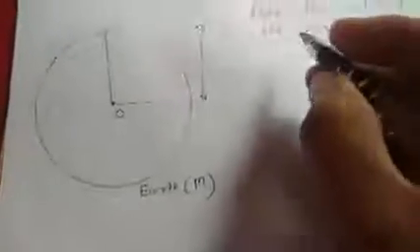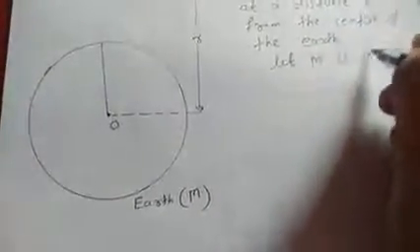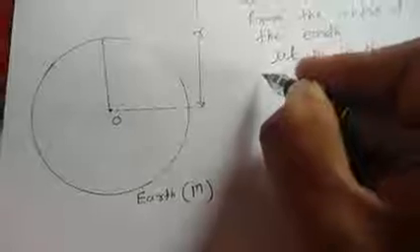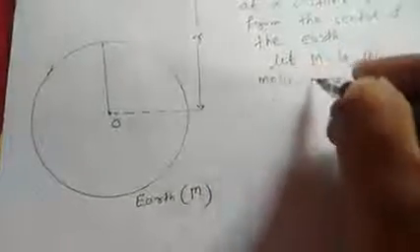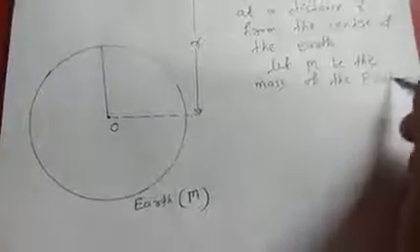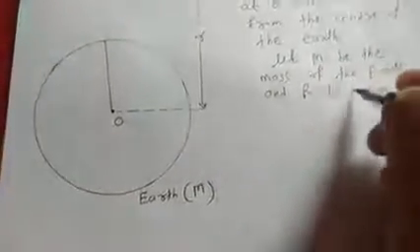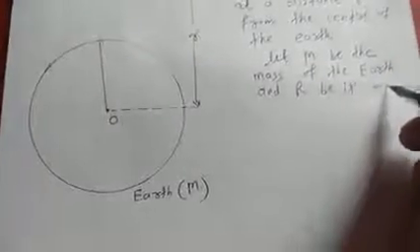Let capital M be the mass of the earth and capital R be its radius.